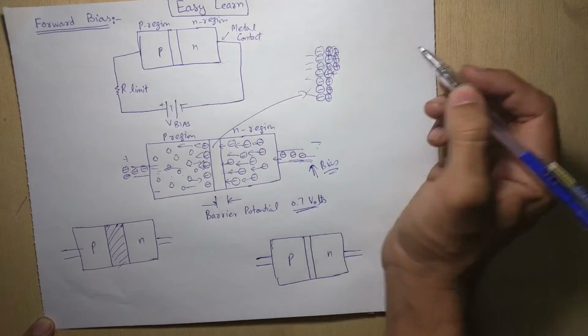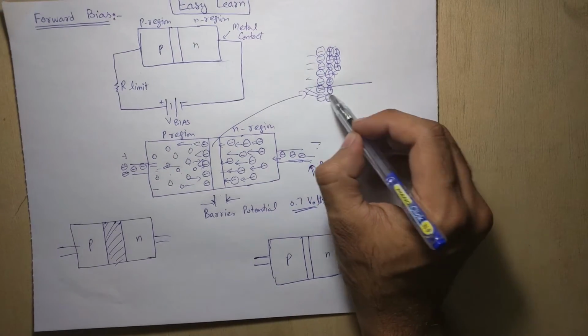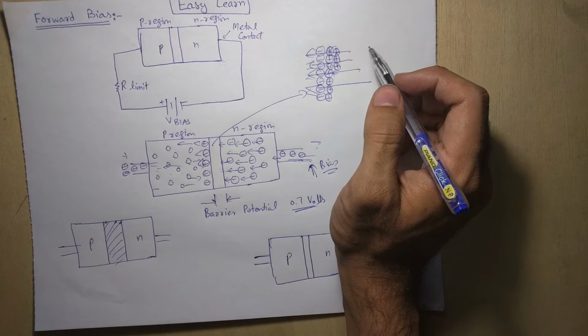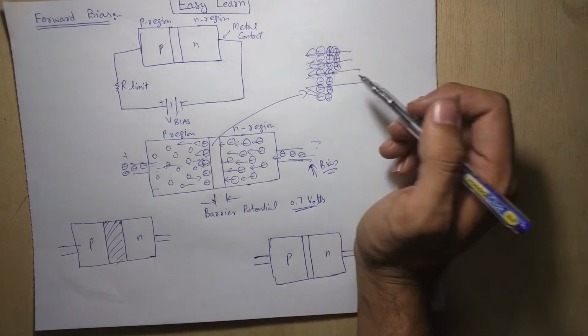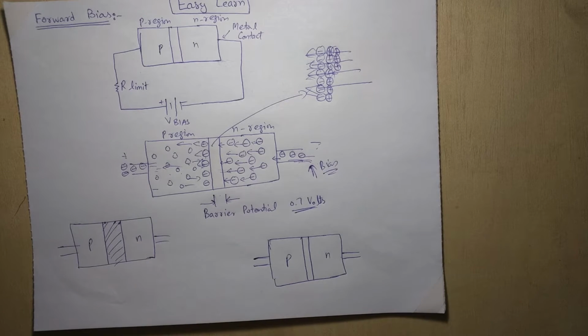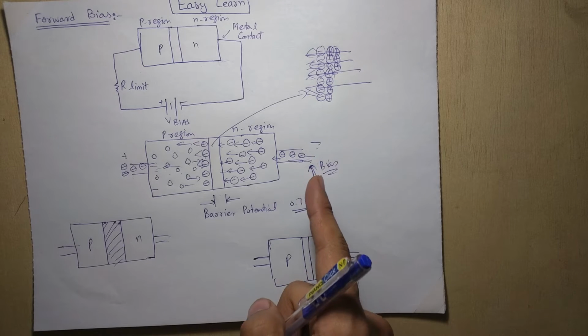When electrons move due to the push of the external source through the depletion region, the number of positive ions is reduced due to the movement of the electrons.